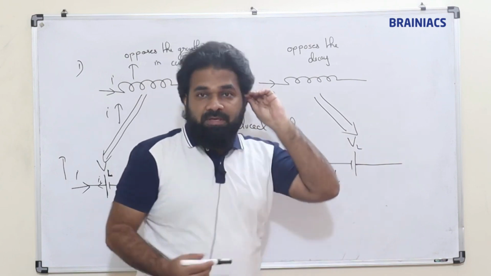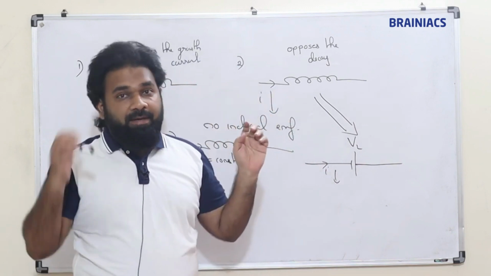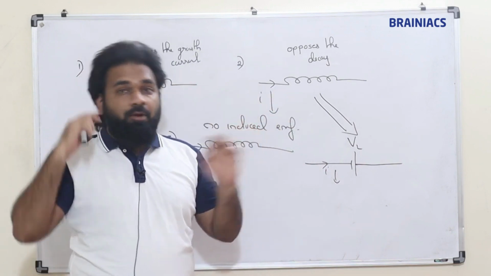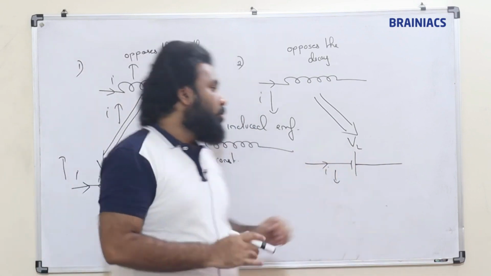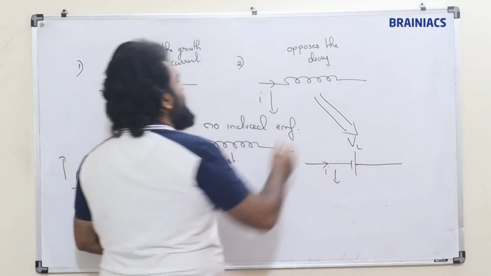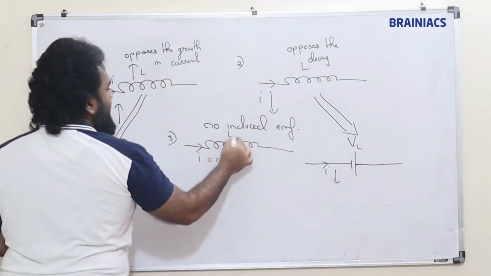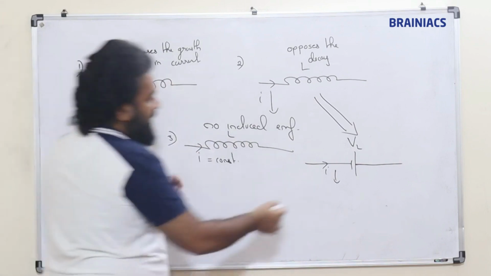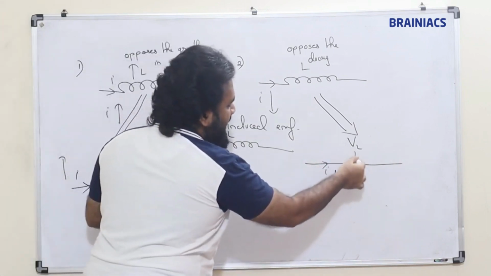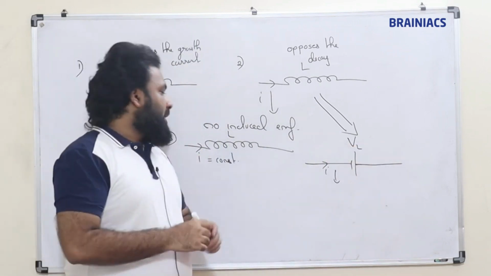Just like R for resistance and C for capacitor, for inductor we say L, not I, because I will be confused with the current. So the general convention is to use L. So this is an inductor of value L, we can say like that. So this is how the circuit can be replaced. This VL direction will be in this way.